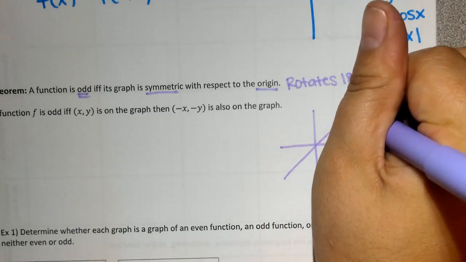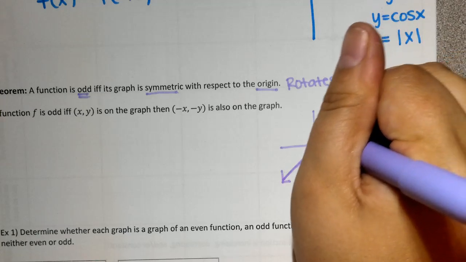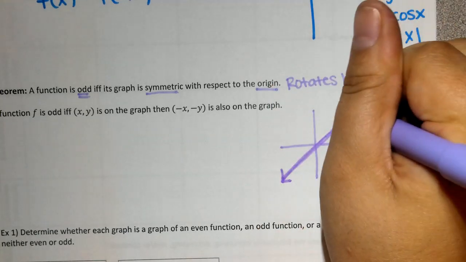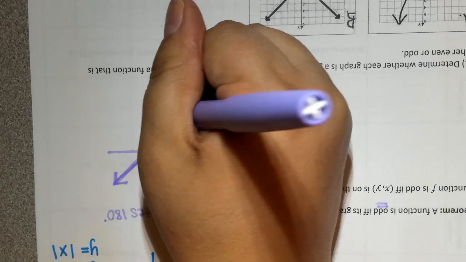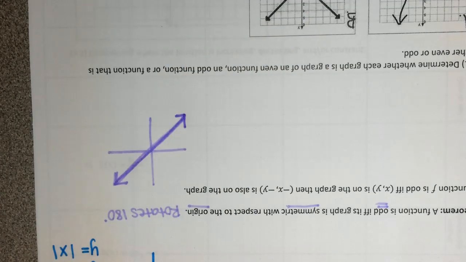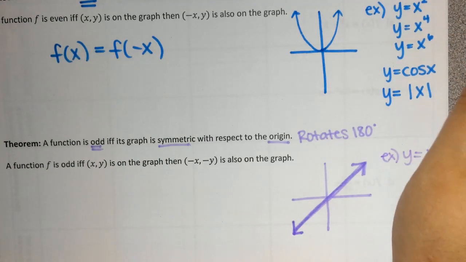The linear parent function is odd. Because if I rotate my paper 180 degrees and turn it upside down, do you agree I have the same exact graph that you have without rotating it? Yes. So, y equals x is odd.